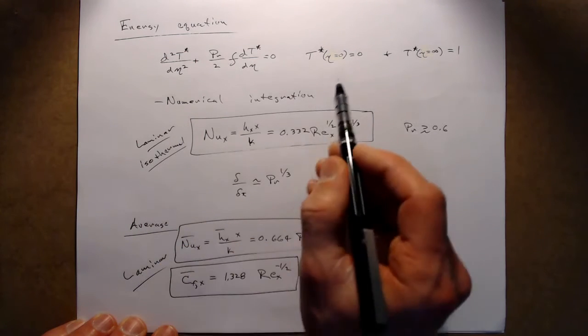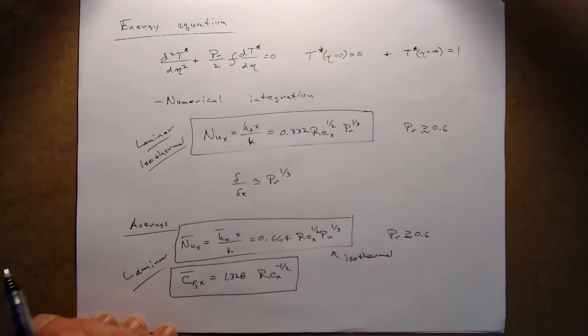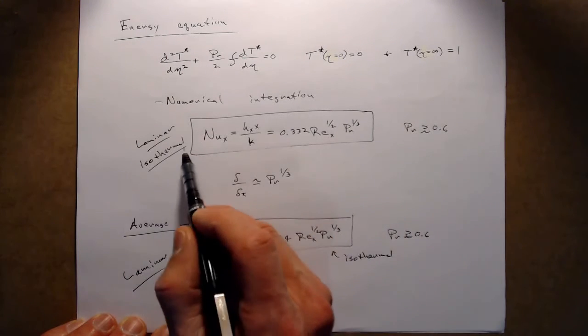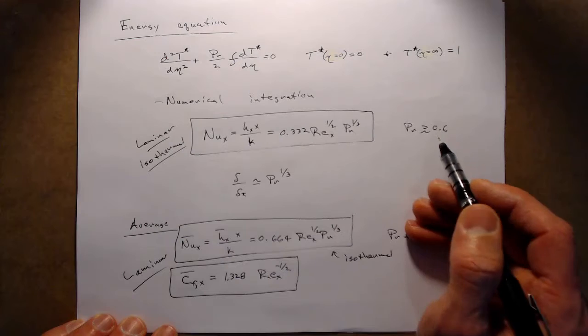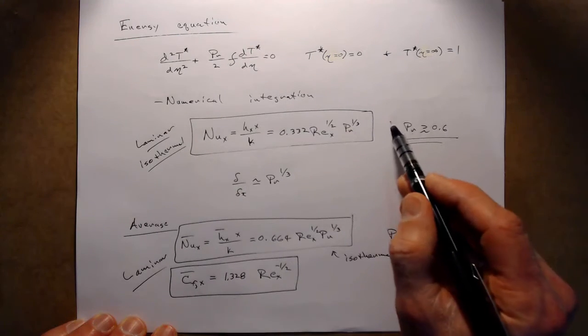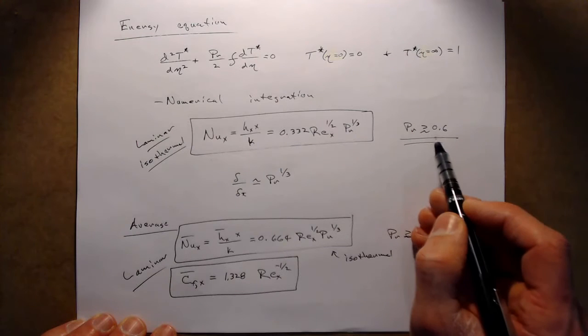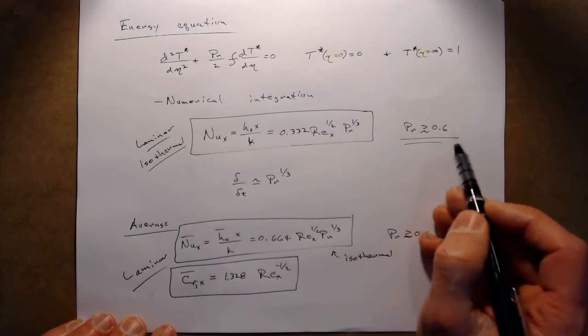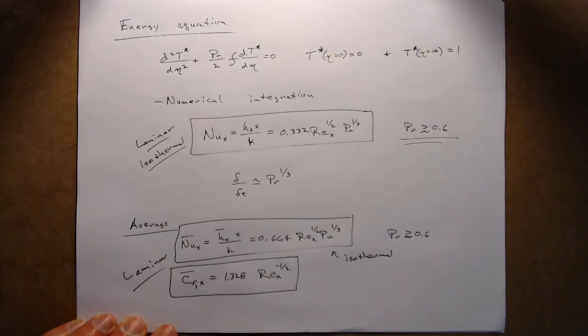In other words, the surface temperature is constant. And we also have to impose one more limitation on this solution. It's valid for Prandtl numbers that are larger than about 0.6. It's not valid for really small Prandtl numbers that are relevant for things like liquid metals.